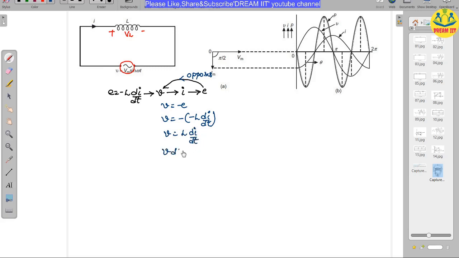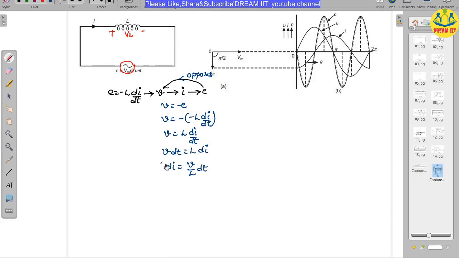So V dt is equal to L into di, so di is equal to V by L dt. If we take the integration on both sides, what do we get here?